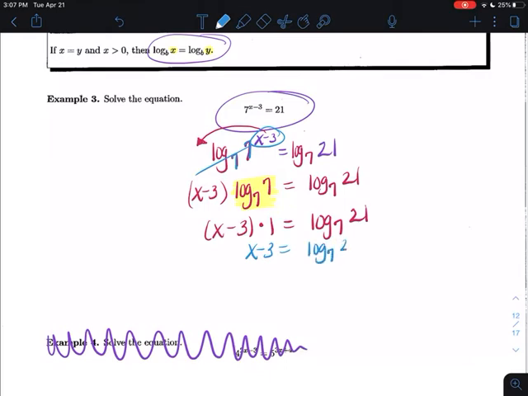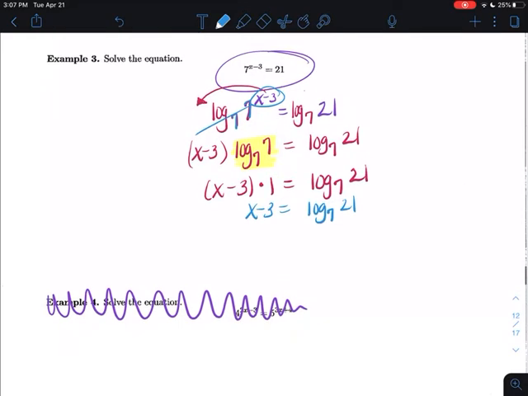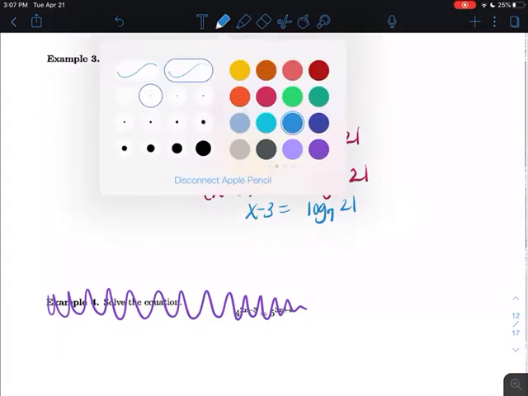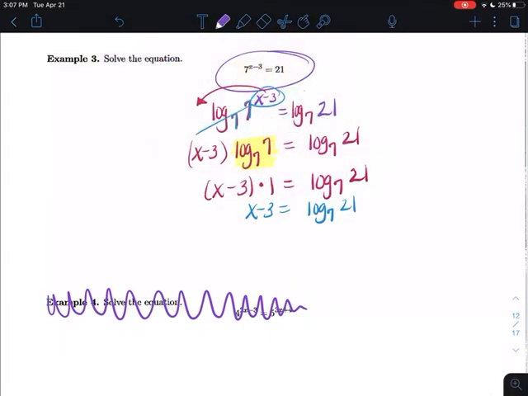So x minus 3 equals log base 7 of 21. That log base 7 of 21 is just some decimal you could put in your calculator. They want us to keep it in exact form. I'm going to actually do both. My goal is to get x by itself. So to get x by itself, I'm going to add 3 to both sides. So this is x equals, the 3 is separate from this log.